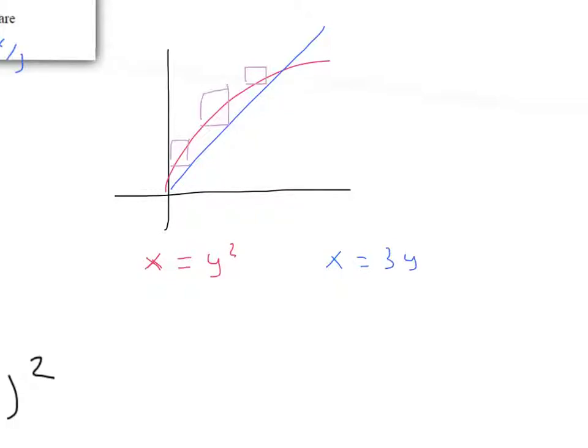So to find the length of the squares that we see, if each square has this point on the red function and this point on the blue function, then the side length of this square is going to be 3y minus y squared.